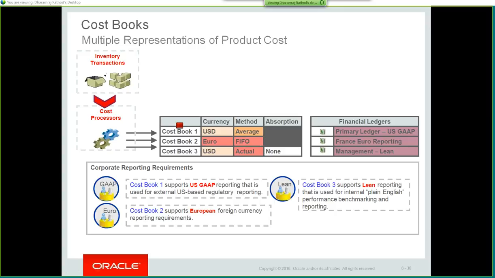So you could represent the same product cost differently using different currency, different costing method altogether, and which you can achieve using the cost books. So you can have multiple cost books, and multiple cost books will have multiple currencies, and then you would have flexibility to assign multiple cost profiles.